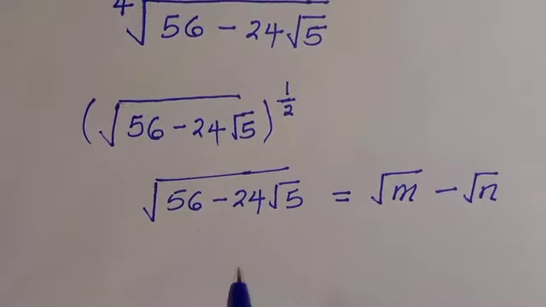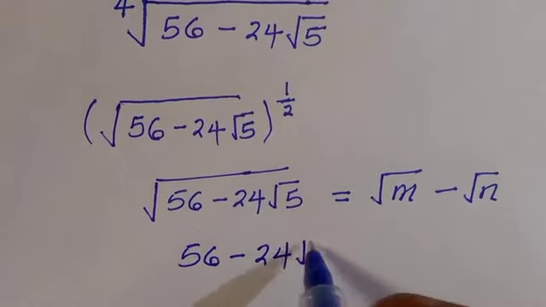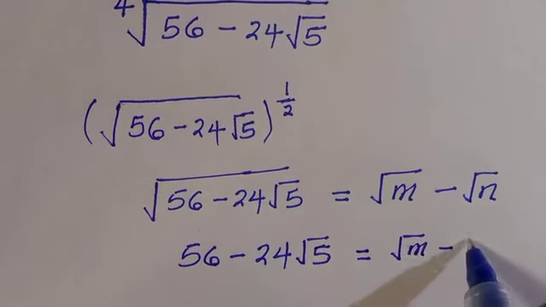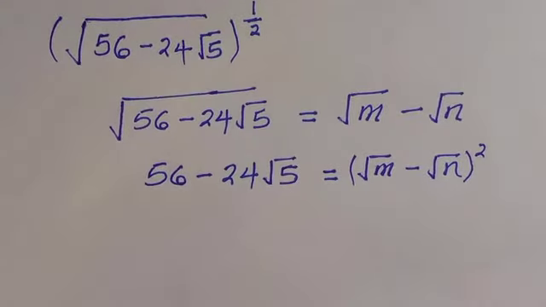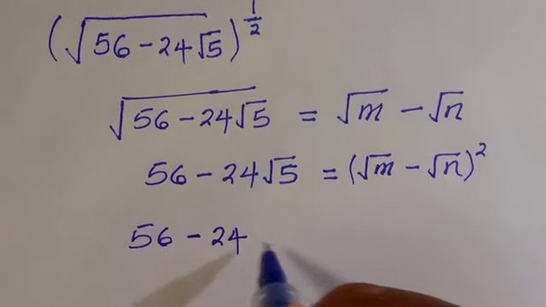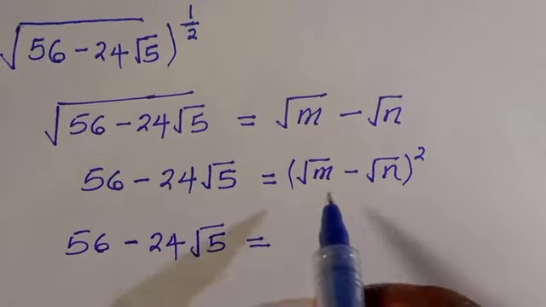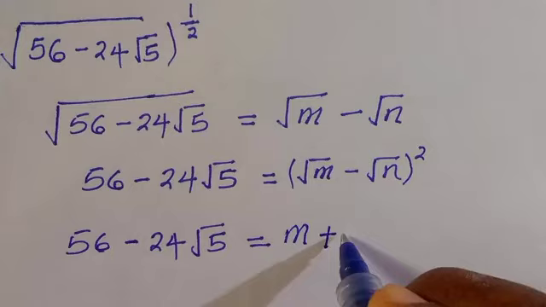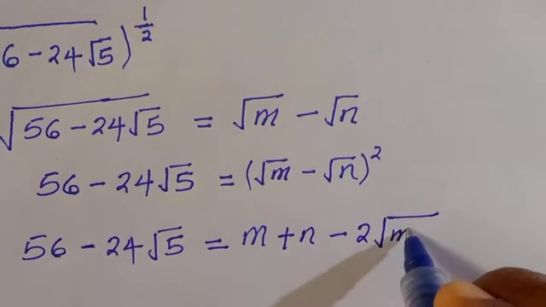By taking the square of both sides, we have 56 minus 24 root 5 equals root m minus root n all squared. Then, when we expand this, we have 56 minus 24 root 5 equals m plus n minus 2 root mn.